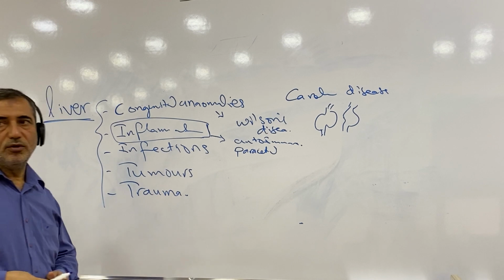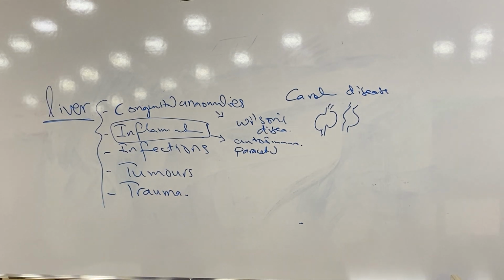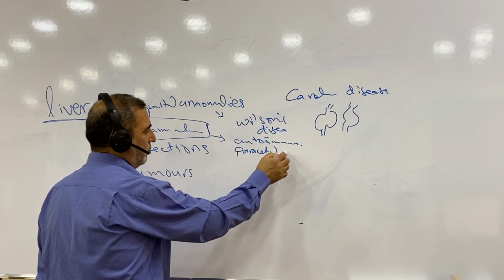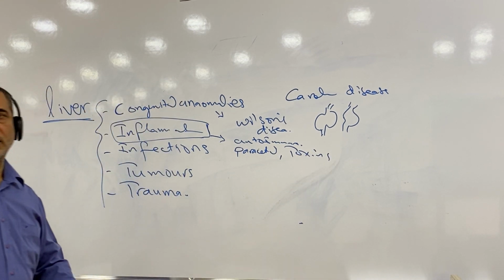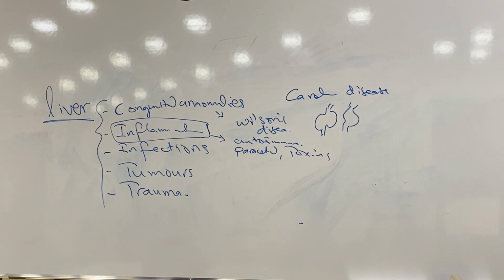Of course, a very high dose of paracetamol can insult the liver. Other toxins, for example, from fungal products, like mushroom, can also lead to liver insult and liver affection.